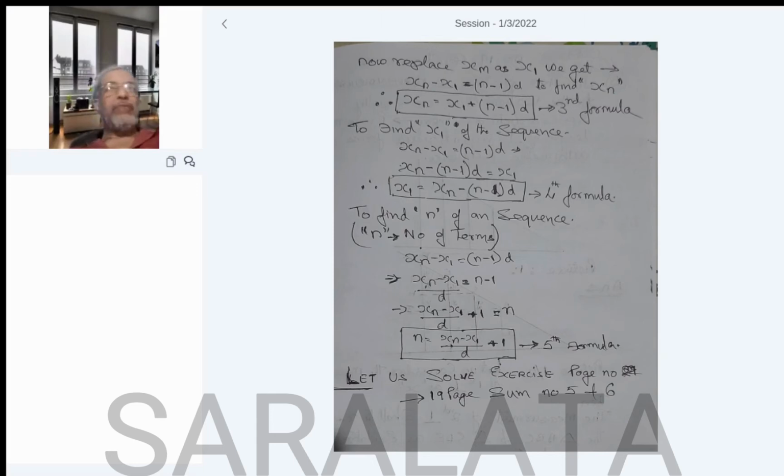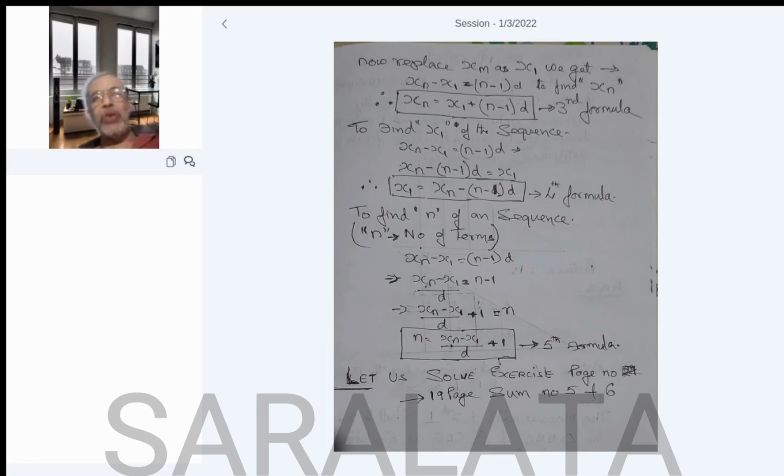So that gives you the figure of xn. How do we get xn? xn is equal to xm plus (n minus m) into d, or xn is equal to x1 plus (n minus 1) into d. Now all that we're doing is replacing the 1 with m, and we're changing the formula.